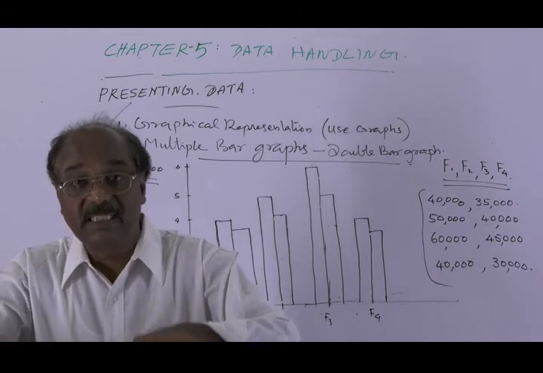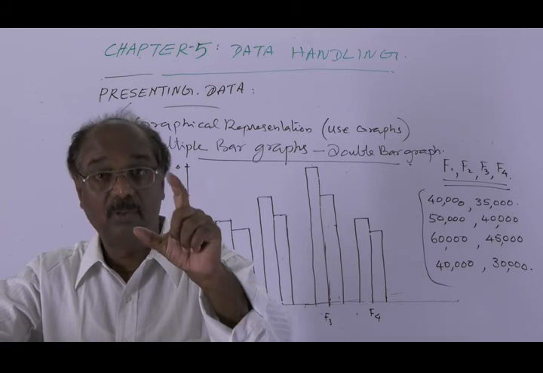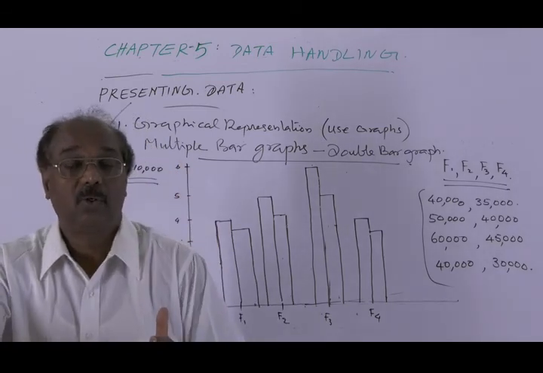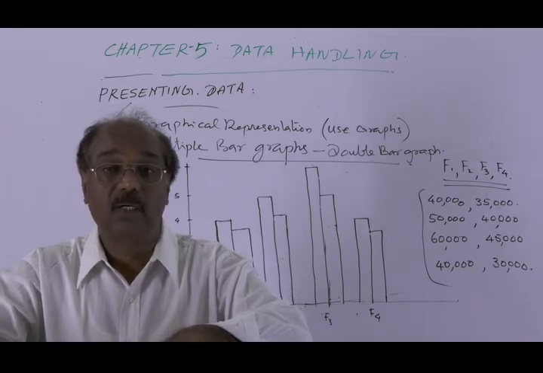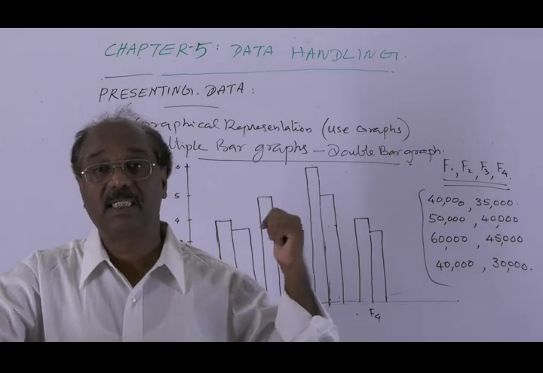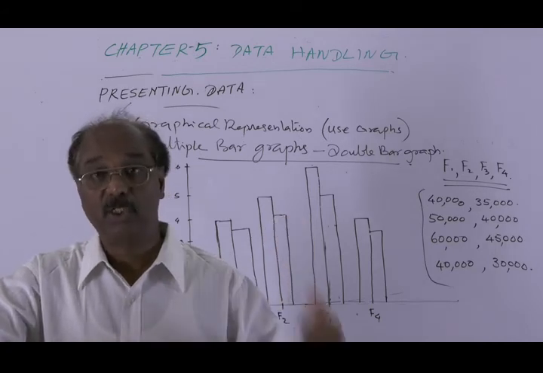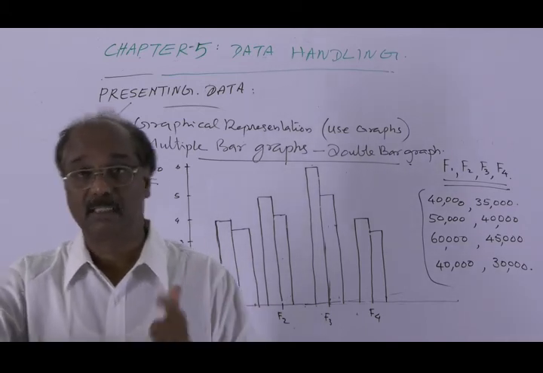When we draw this graph in the examination hall, use the ruler. Draw or mark the points correctly and draw the graphs by these specifications: equal spacing, bars with equal width, etc.